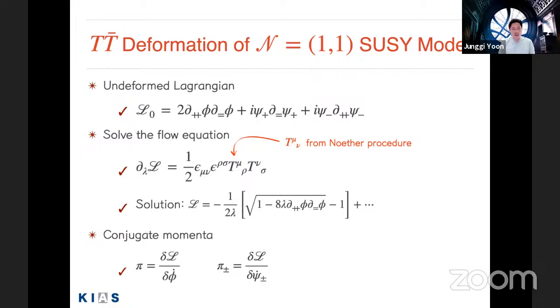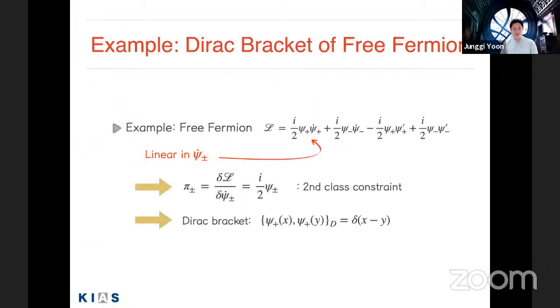Now we go to the Hamiltonian by calculating the conjugate momentum of the scalar field and fermion by varying the Lagrangian with respect to the time derivative. The time derivative of the fermion appears linearly in the free fermion Lagrangian, and the variation with respect to psi dot gives us a relation between the phase space variables.